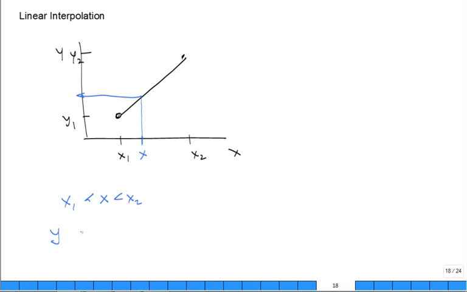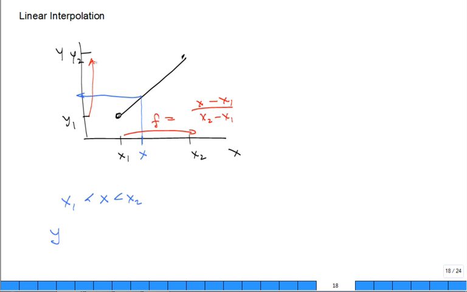What I like to think about is the fraction of the way going from the lower value to the upper value. That fraction would be x minus x1 divided by x2 minus x1, wouldn't it be? Visibly, maybe that's around 20% of the way. Then guess what this fraction is?